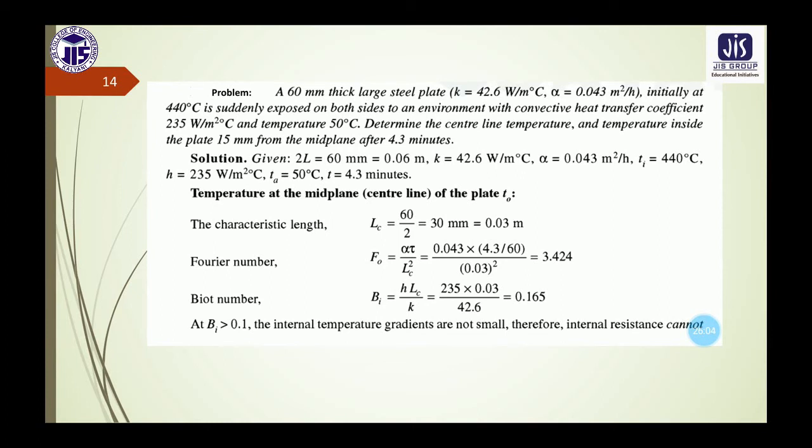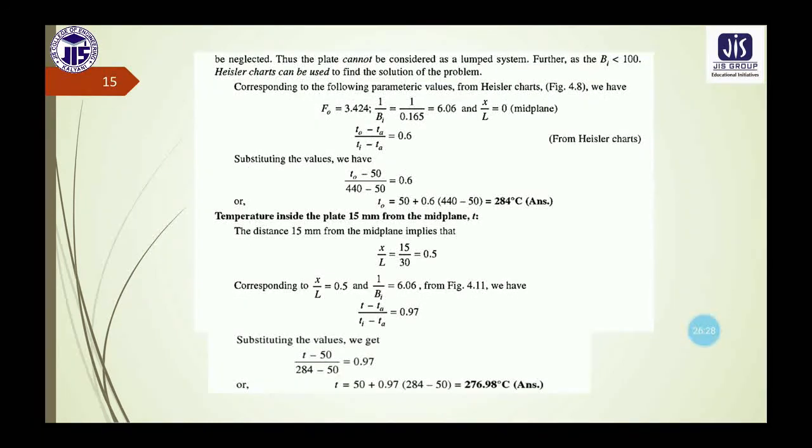Now to calculate the Biot number, we need to use the formula that is h Lc by k. As all the values are known to us, we can easily calculate the value of Biot number, that is 0.165. Now here, as the value of Biot number is greater than 0.1, the internal temperature gradients are not small. Therefore, the internal resistance cannot be neglected.